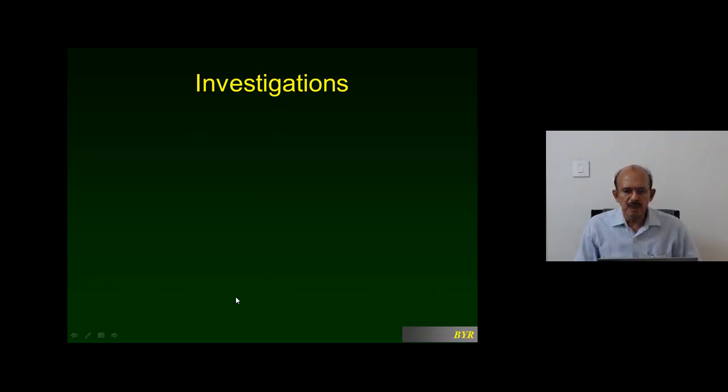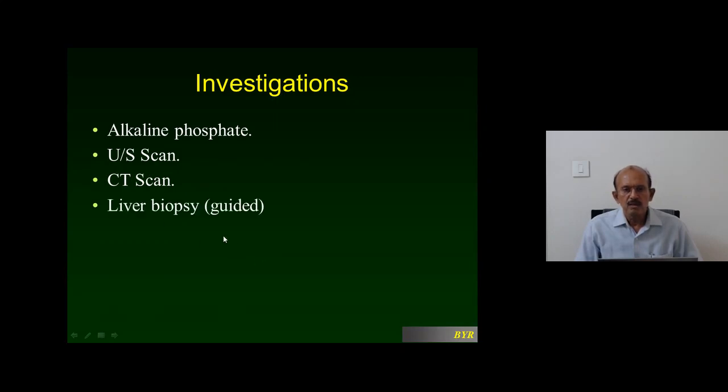Investigations for secondary liver: alkaline phosphatase estimation, usually it will be elevated. Ultrasound scan will show multiple hypoechoic masses in the liver. CT scan will be helpful. Histopathological confirmation is done by guided liver biopsy.